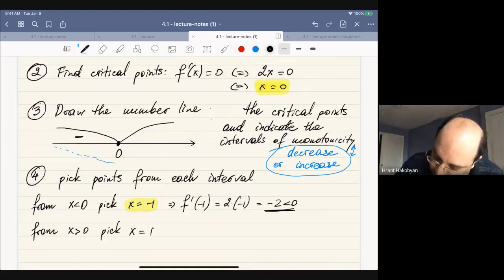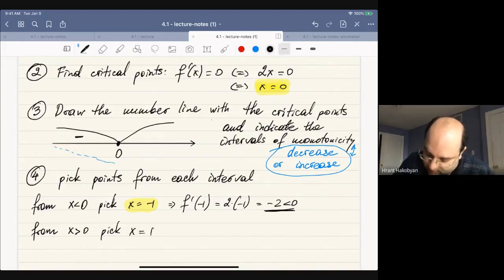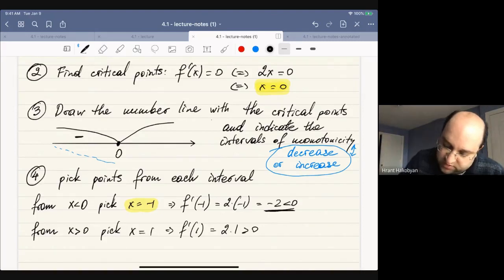So we found that the function is decreasing in this interval here, and then we pick f prime of 1, so that's going to be 2 times 1, which is positive.